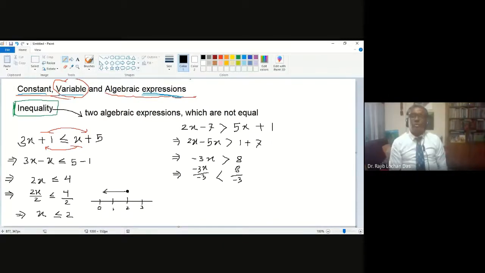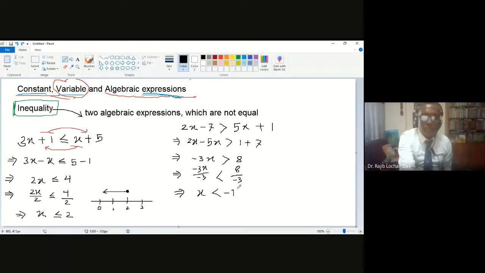So why does it happen? In the next line you can write minus 3 gone, so only x, then less than, and then minus 2.67. 2.67 will be the answer.